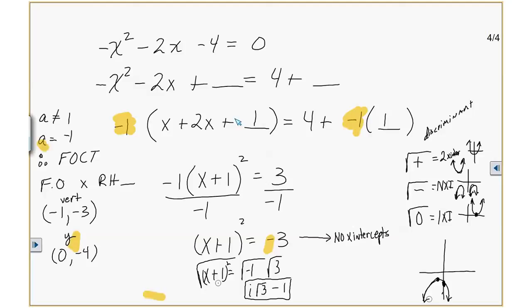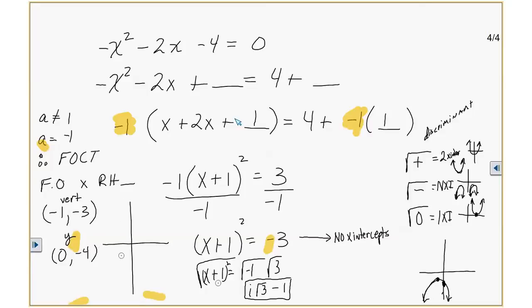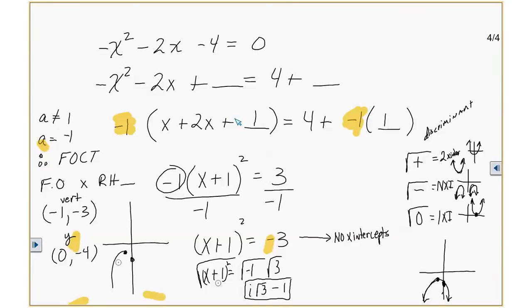Well, you only got 2 points. You got (0, -4). Then you got (-1, -3). And which way is the parabola opening? Okay, so you didn't use your eye that well. Okay.